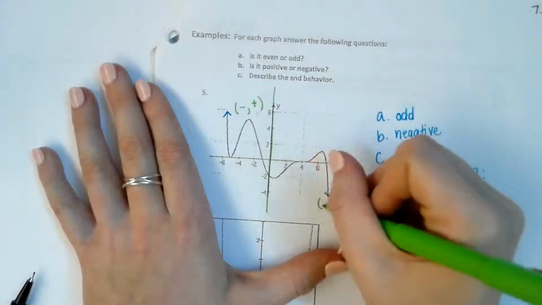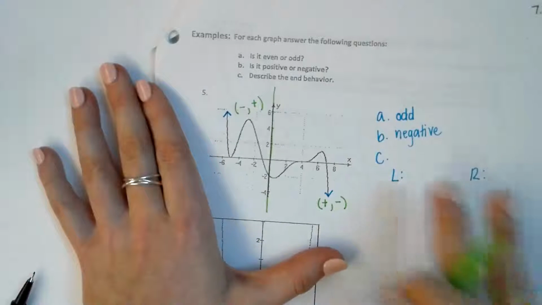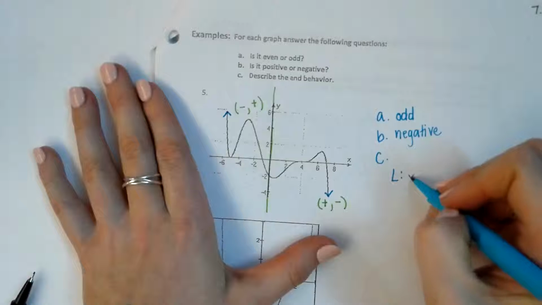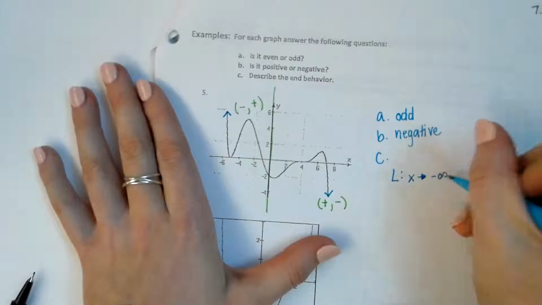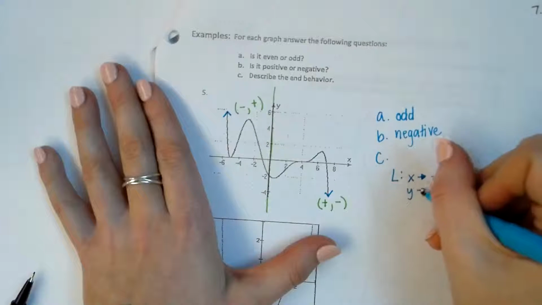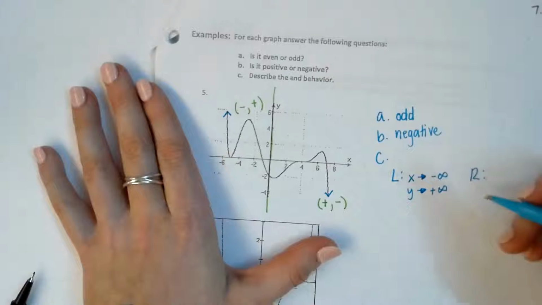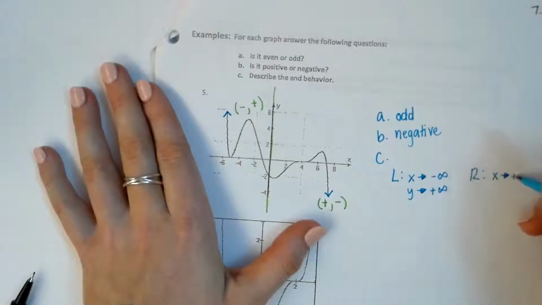And down here, your x's are positive and your y's are negative. So this can help you write your end behavior. On the left side, x approaches negative infinity and y approaches positive infinity. And then on the right side, x approaches positive infinity and y approaches negative infinity.